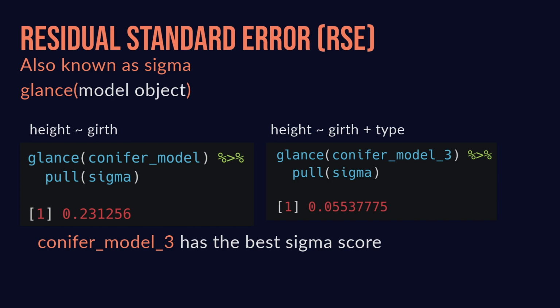Looking at the values, we can see that the conifer_model that models girth versus height has the highest sigma value of 0.231 feet. And model 3, which takes into account both girth and type, has the lowest sigma value of 0.055 feet. Thus, based on the sigma value parameter, we can say that model 3 is the best model.